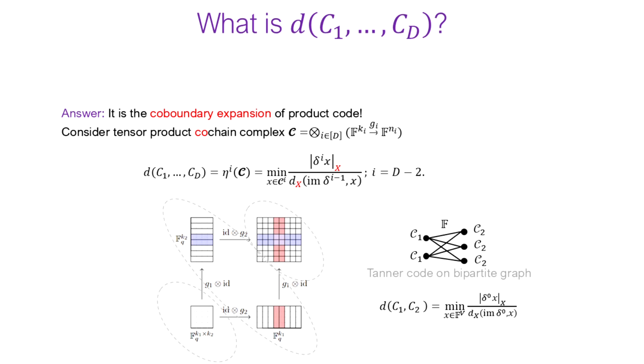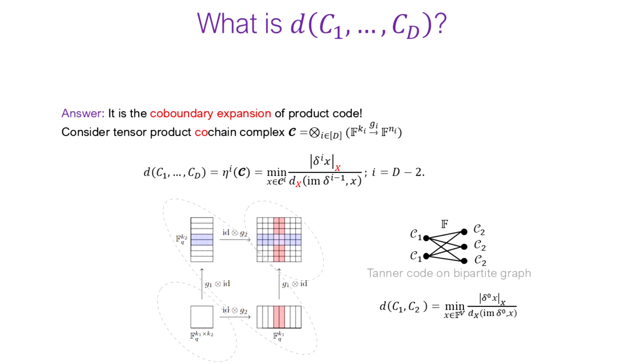This Tanner graph defines exactly the tensor product code, and using the idea of Meshulam we can consider this Tanner code as a local system on this graph. This way you can naturally extend the idea of co-boundary expansion to these local systems, and you just apply exactly the same formula.